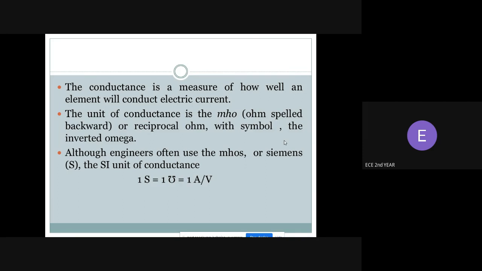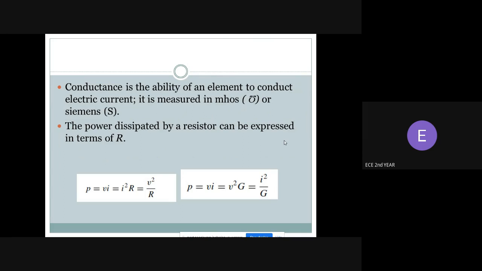Engineers often use Siemens, S, the SI unit of conductance. So 1 S is equal to 1 mho, equal to 1 ampere per volt. Conductance is the ability of an element to conduct electric current.